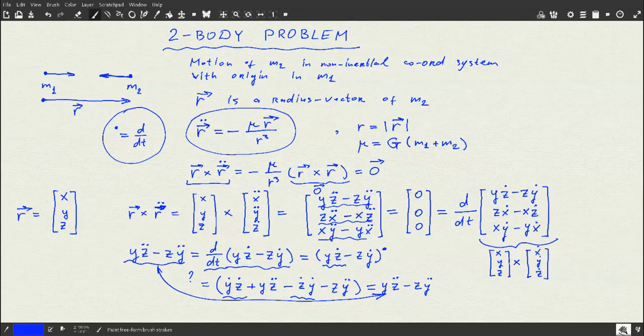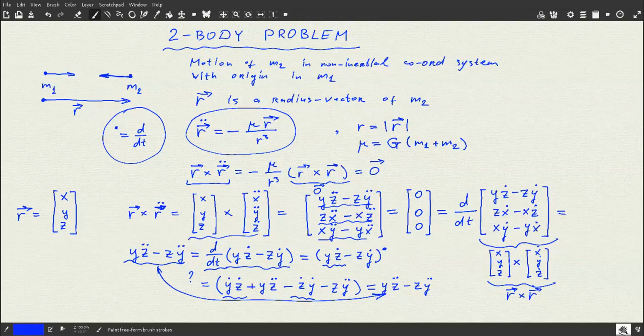Because you see, we had a cross product of x, y, z with the vector of double derivatives. So when we replace double derivatives with single derivatives, we get obviously a cross product of x, y, z with x dot, y dot, z dot, and therefore it is a cross product of r times r dot.